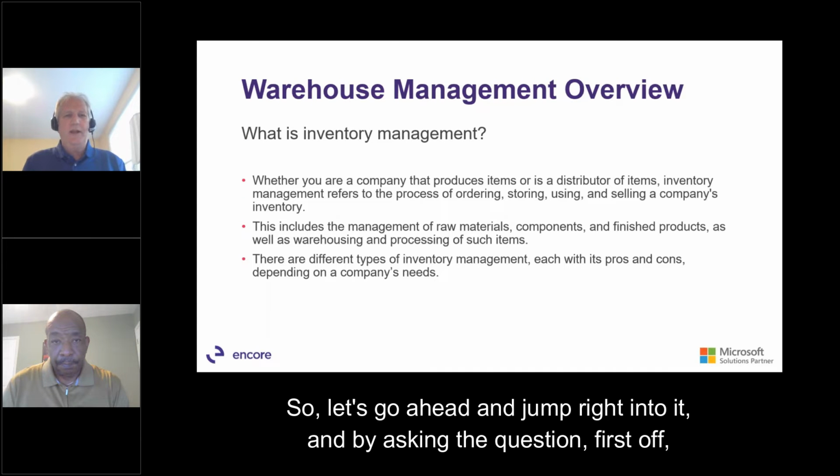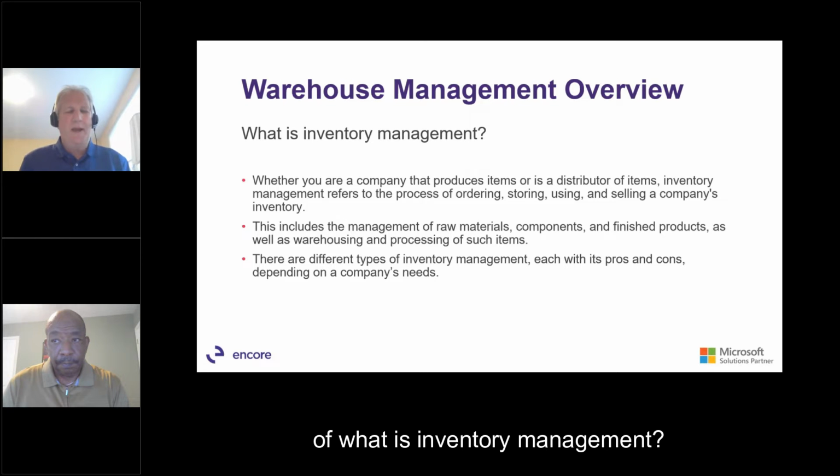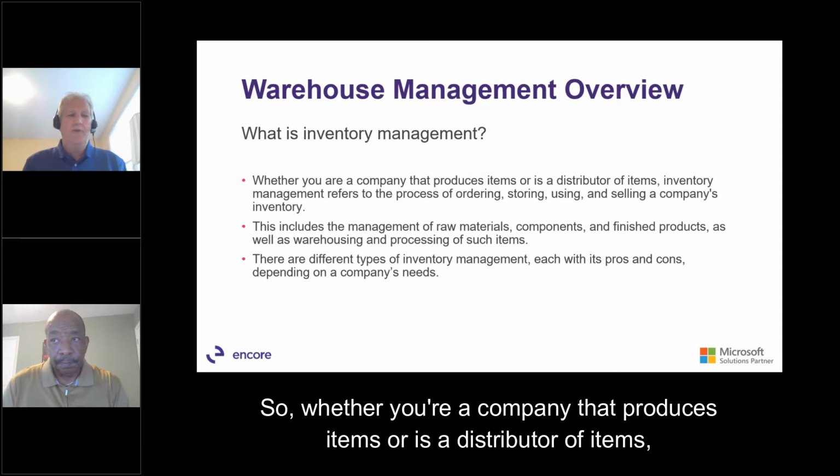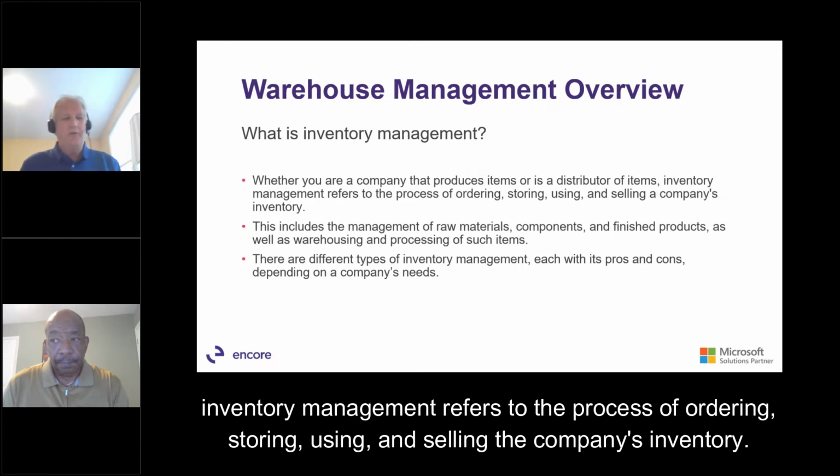So let's go ahead and jump right into it, by asking the question first off of what is inventory management? And we'll just have the three here that we see here. So whether you're a company that produces items or is a distributor of items, inventory management refers to the process of ordering, storing, using, and selling the company's inventory.